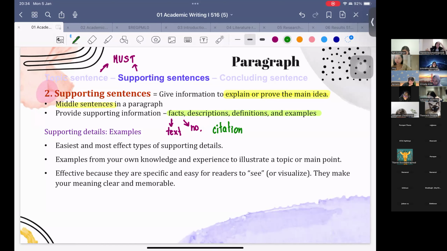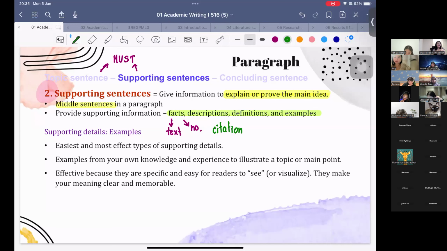In the supporting sentence, when you explain something, it can be fact, it can be description, it can be definition, it can be examples. That's up to you. So it can be just fact and example. That is okay. It doesn't have to be fact, description, definitions, example. It's going to depend on what you write and what you need to provide as the explanations.